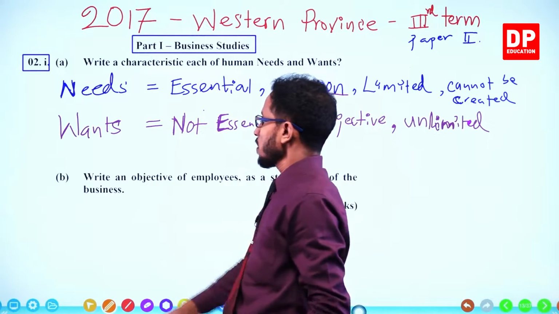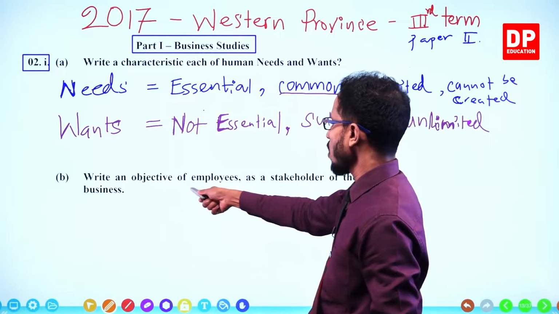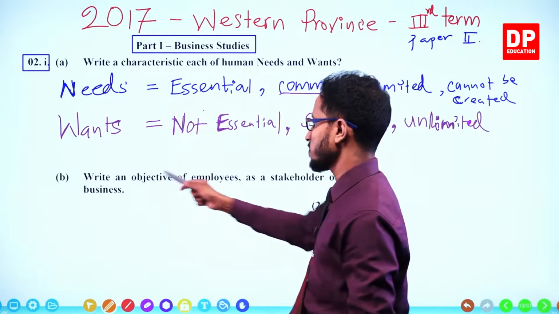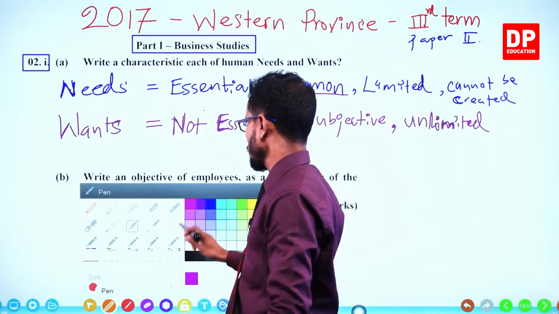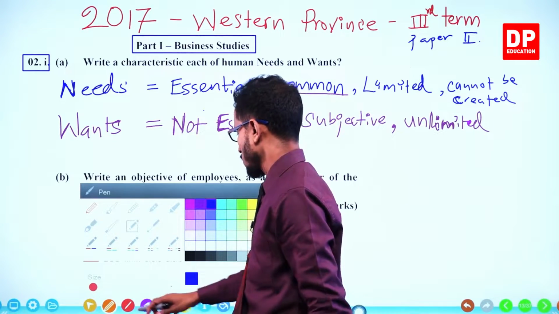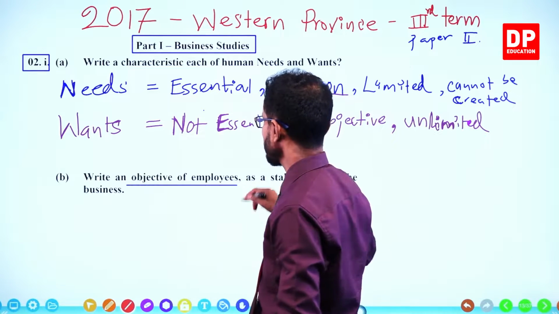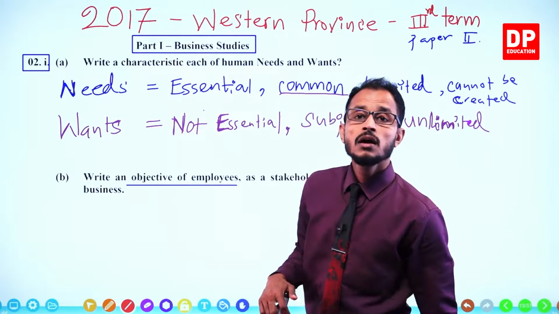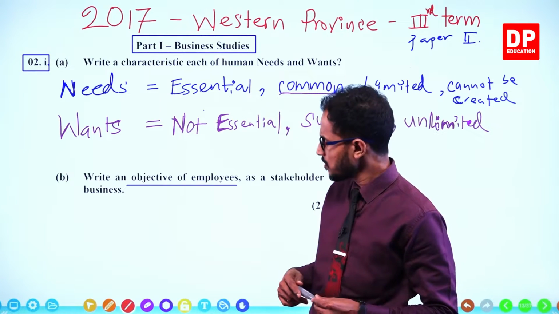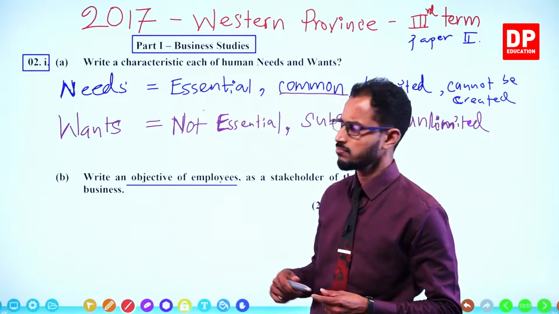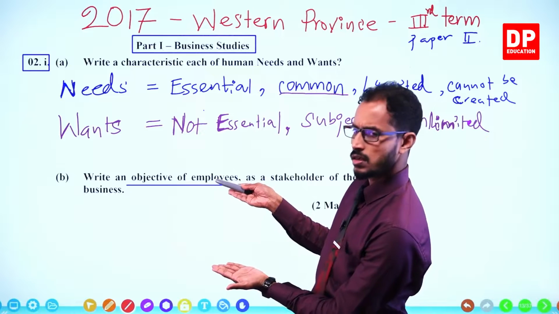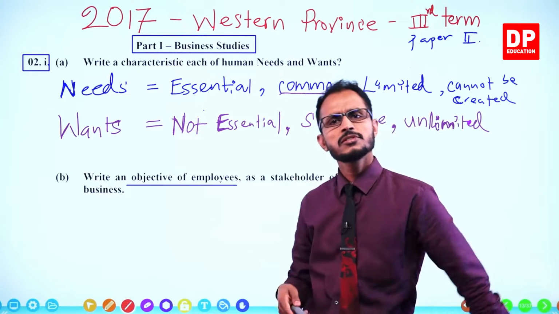Okay. B. Write an objective of employees as a stakeholder of the business. They're asking about employee objectives.